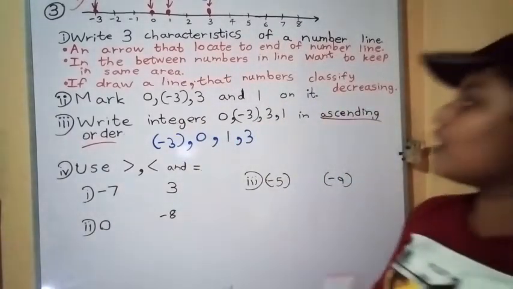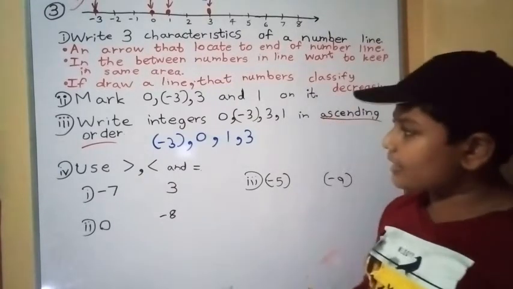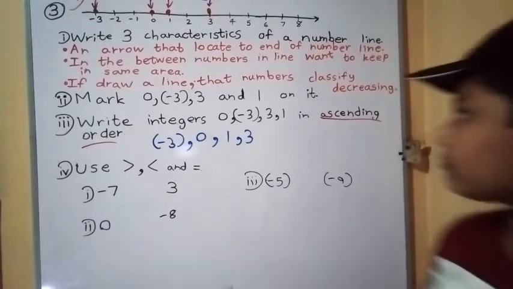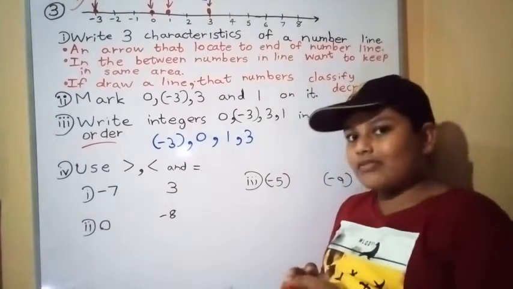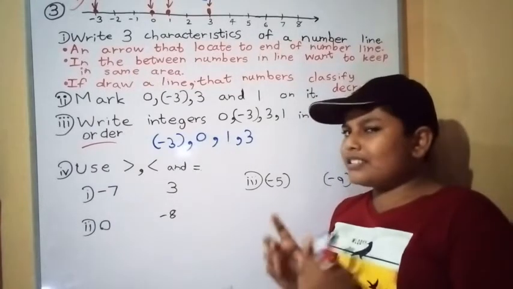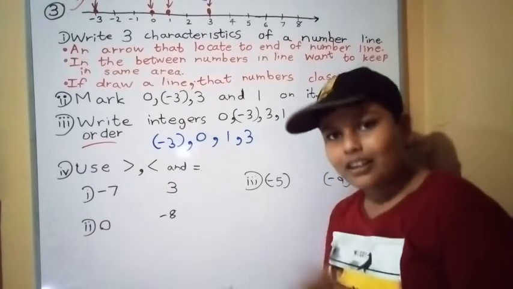Because they are marked 1 also. Now you know -3 is the small one, 0, 1 and 3 are positive, going up 1 by 1. -3 is the small one, right? Now 0 is the middle one, not positive, not negative.